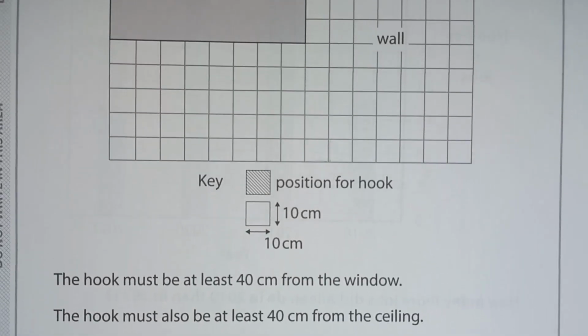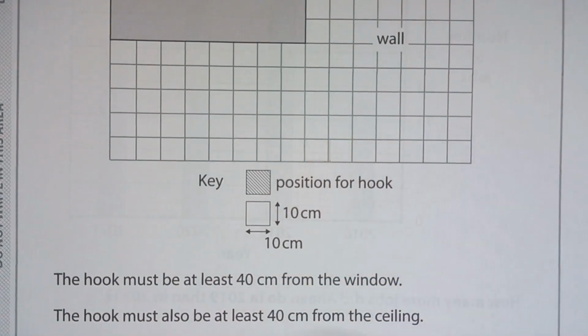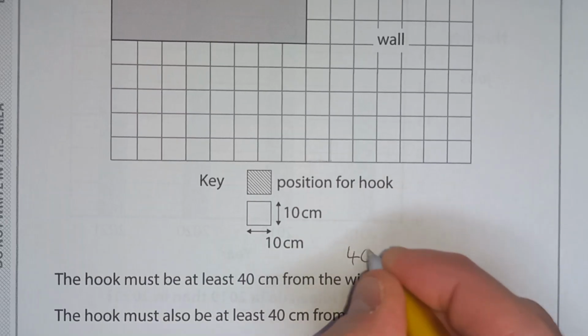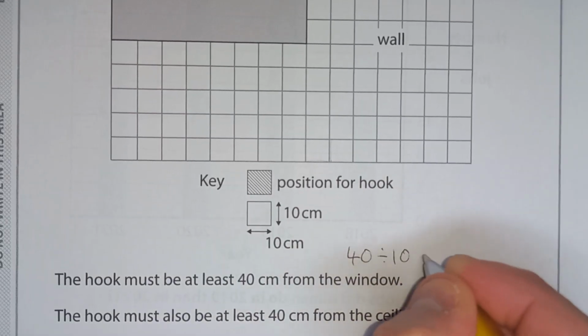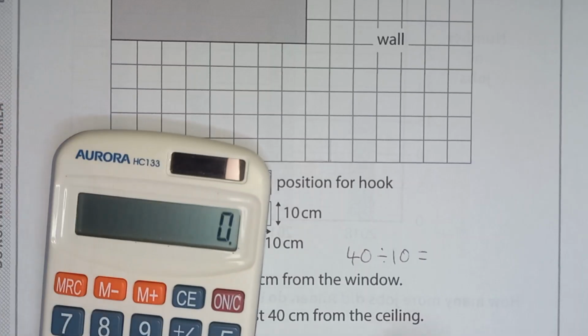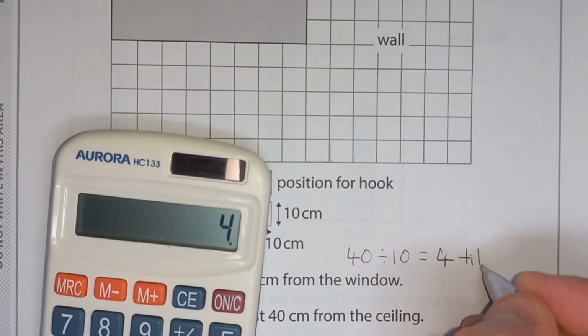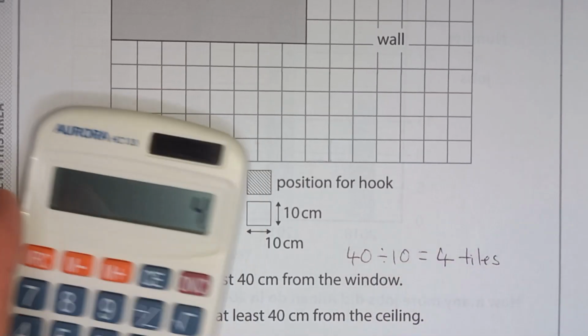Okay, 40 centimetres. Well, if each of these squares is 10 centimetres, if we do 40 divided by 10, that'll tell us how many tiles away we need to be. So 40 divided by 10 is 4 tiles.